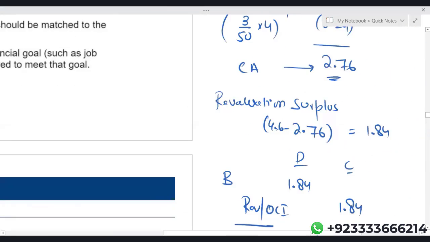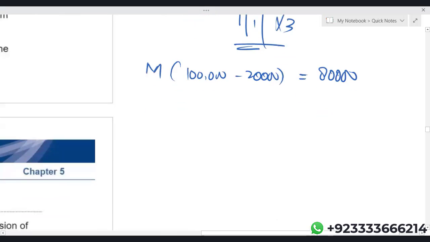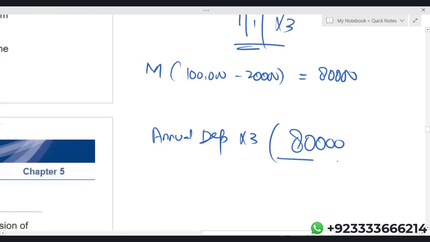So remaining life is just 4 years. So annual depreciation is 80,000 divided by 4, it is 20,000. And change of useful life is a change in estimate, which is applied prospectively.